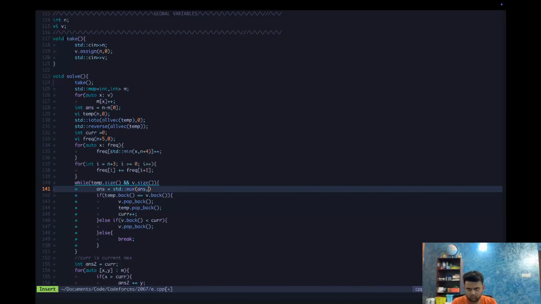Frequency of cur. cur plus frequency of cur plus 1 plus v of 0 is equal to cur.